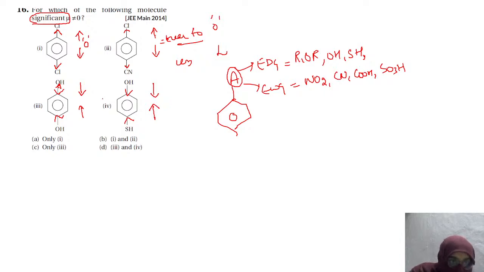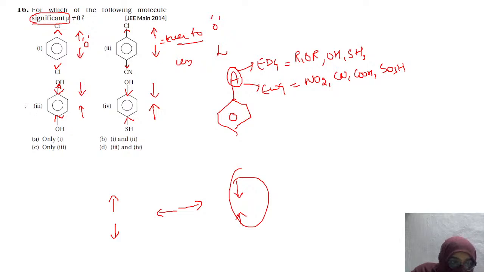They are not cancelling the dipole moment unless they are in opposite directions. Arrows should be in opposite directions. So please remember, don't think that these are cancelling. The ones with arrows opposite, like down and up, right and left, can cancel, but not this one, not this one. These will not get cancelled.